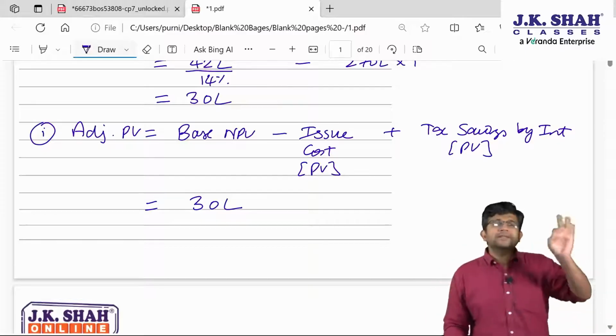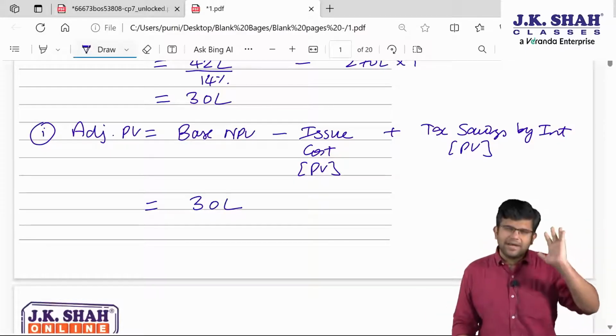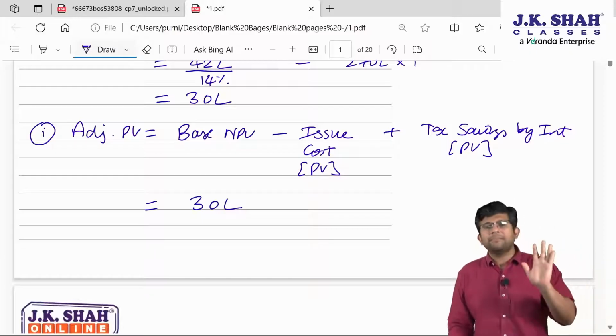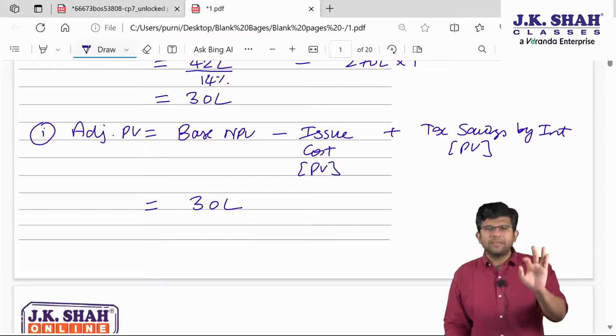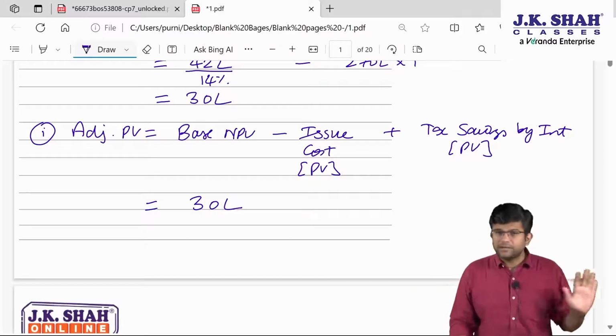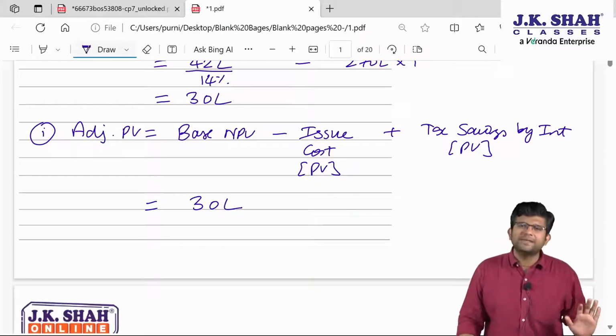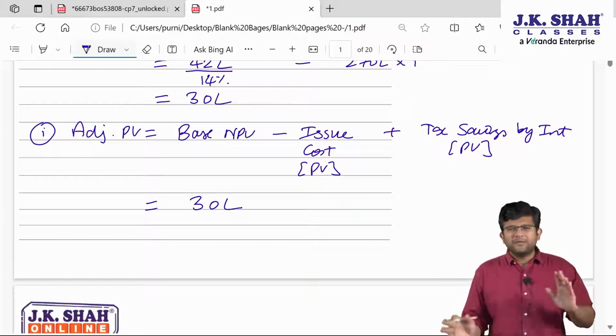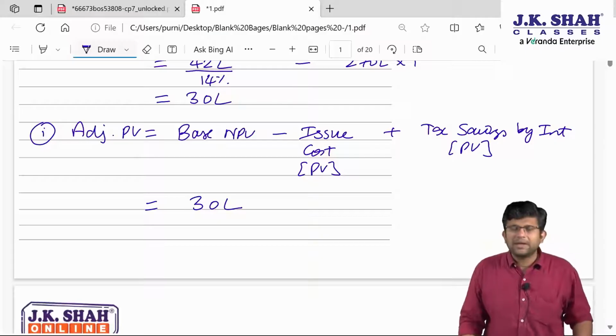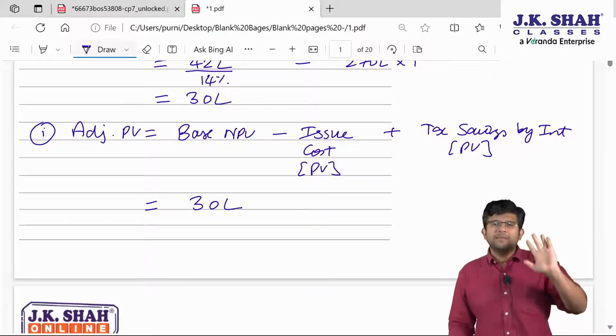Now, what is the concept of adjusted NPV? Adjusted NPV says that okay, you first of all calculate the NPV as if the project was equity financed, that means you calculate base NPV, and then adjust for all those differentials which will happen in cash flows due to raising money through debt.